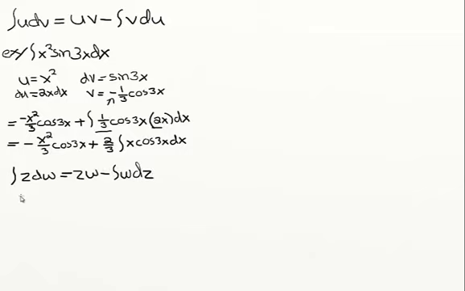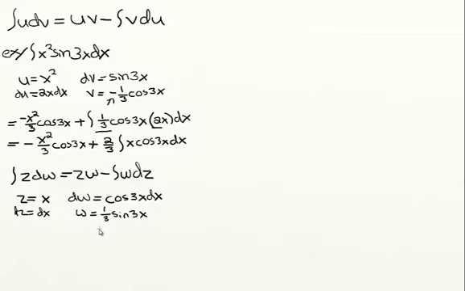So we're going to pick our z, and we're going to let that be equal to x, and then our dw will be our cosine of 3x dx. So now we can differentiate and get that our dz is equal to dx, and integrate, so our w is going to be 1/3 times the sine of 3x.